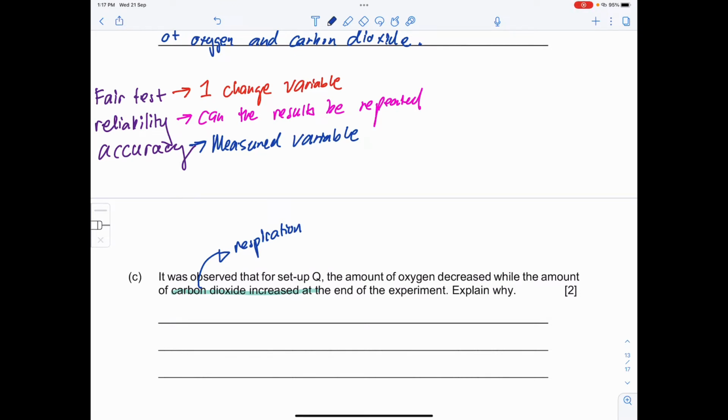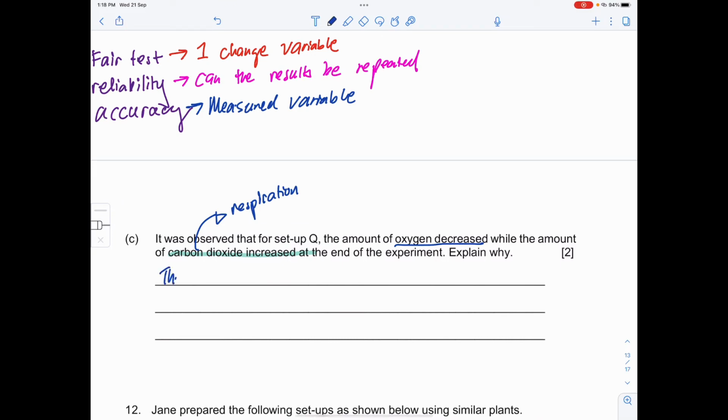Alright? Now, here is the key thing. You need to name the processes that cause this change. The first part is actually, okay, respiration. The second part is actually no photosynthesis. So the first thing would be there was no light, and so photosynthesis cannot take place.